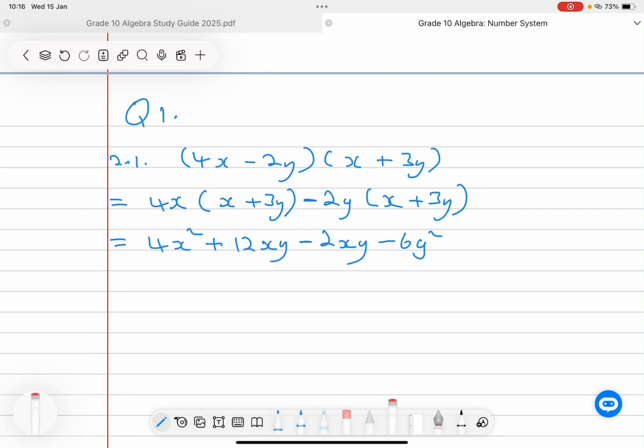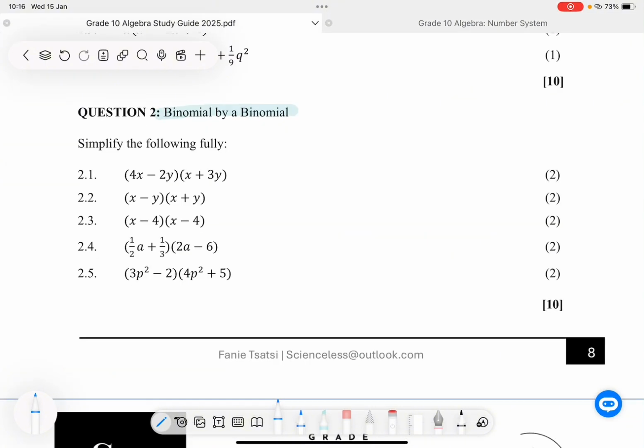Now at this stage, I'll group my like terms, because I can see here that the 12xy and the negative 2xy are like terms, that when I combine them, they actually give me a 10xy. So that will be my final answer, to say I have 4x squared plus 10xy minus 6y squared, and this is simplified.